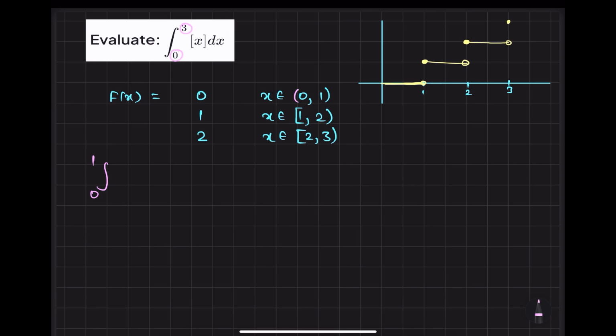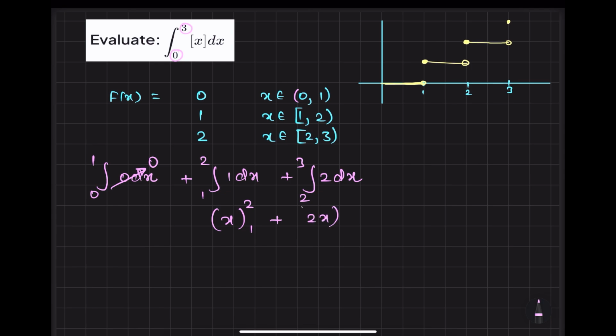So 0 to 1, it is 0 dx, plus question number 2, 1 to 2, it is 1 dx, then 2 to 3, it is 2 dx. Now do the integration. The integration of 0 will become 0, the integration of 1 will become x, and then you will be applying the limits 2 and 1, plus 2x, then 3 and 2.